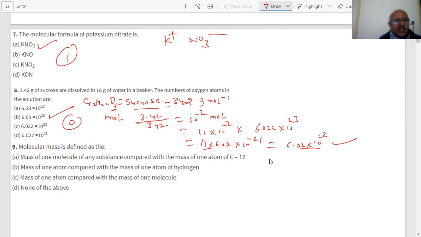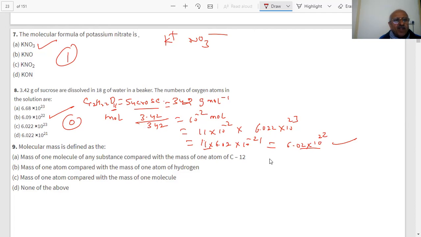Next question on the screen, students. Molecular mass is defined as mass of one molecule compared with mass of C12, mass of an atom compared with mass of one atom of hydrogen, none of the above.